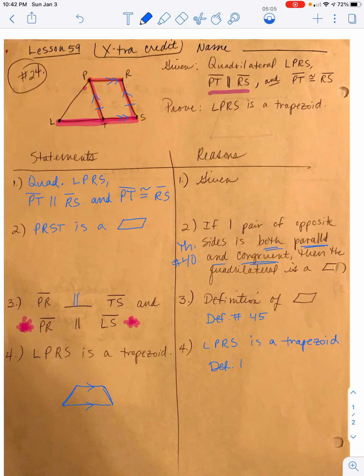And definition number 43 is where that comes from, which states that a trapezoid is a quadrilateral which has exactly one pair of parallel sides, which we've already marked right here. The parallel sides are called bases.